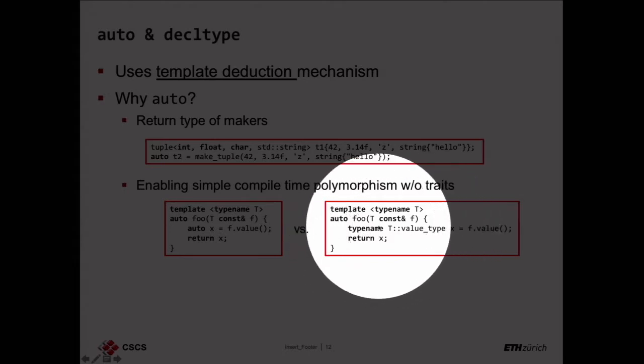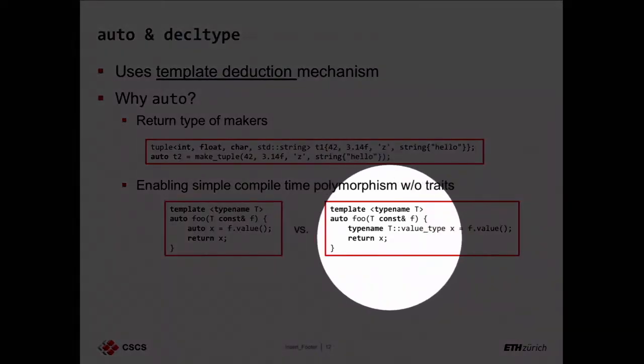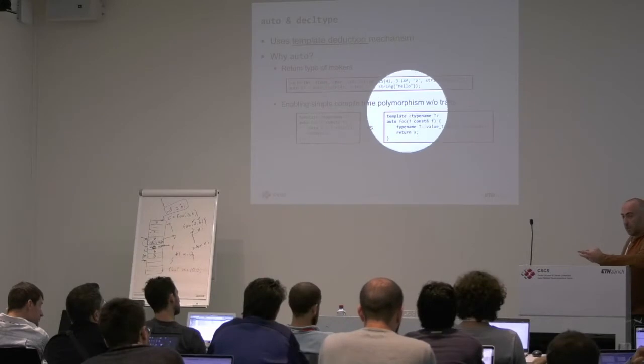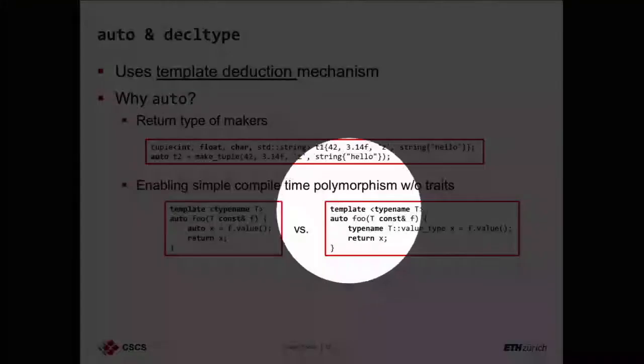And now you have to specify typename here, because you have to tell it is a type name. By default, the compiler assumes that when you do T:: you get a value, like a static value, something. So if you want that to be a type name, you need to specify typename.